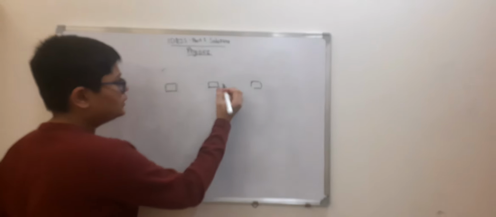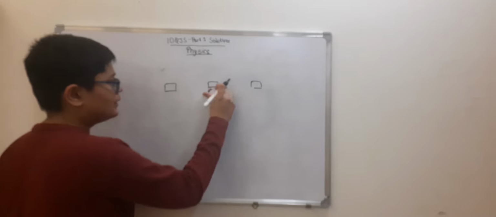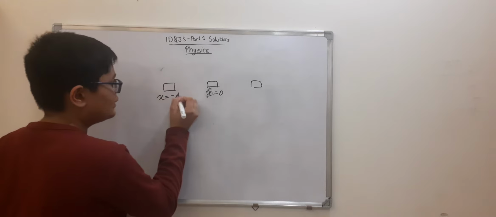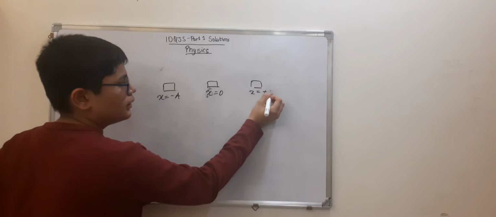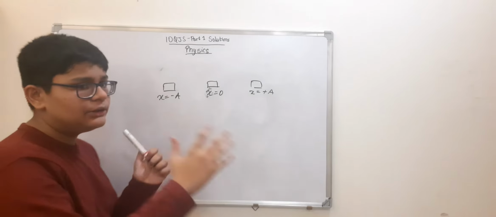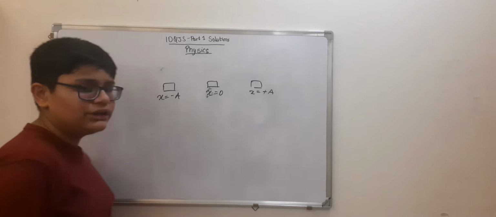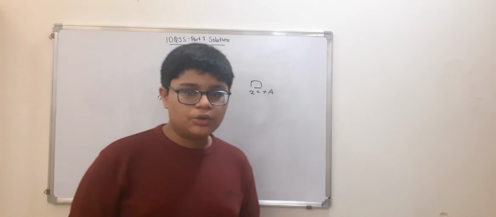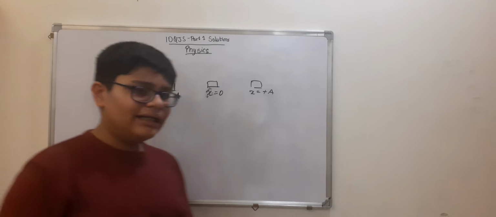This is when the distance x is equal to 0. This is when x is equal to -a, and this is when x is equal to +a. These two positions are called the extreme positions. At these positions, the potential energy will be the highest and the kinetic energy will be 0. And at this position, the kinetic energy will be highest and potential energy will be 0.